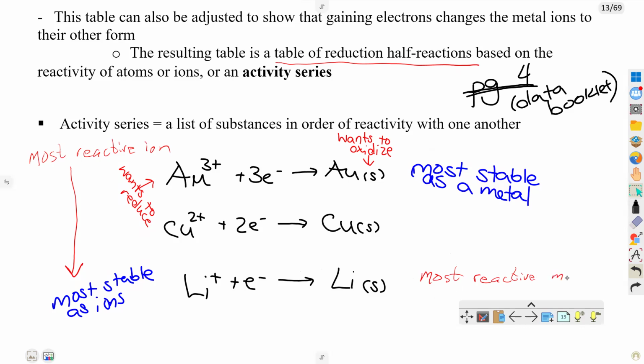Lithium is really hard to find in nature because it reacts very easily. You put lithium in water, it's going to react and dissolve in that water. All of our alkali metals, everything in that first group, like sodium, react very quickly.